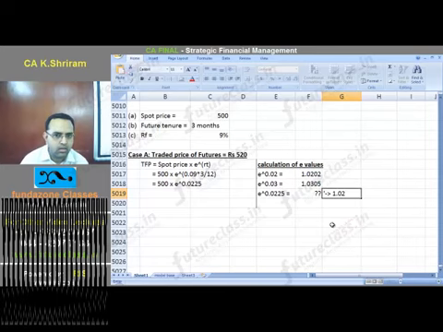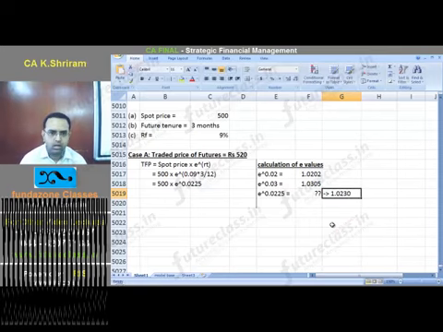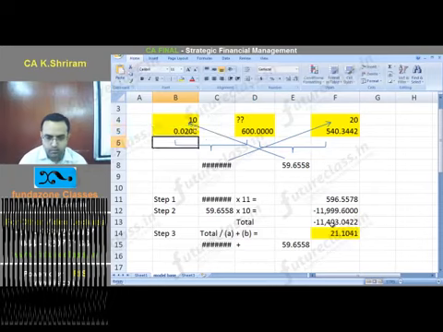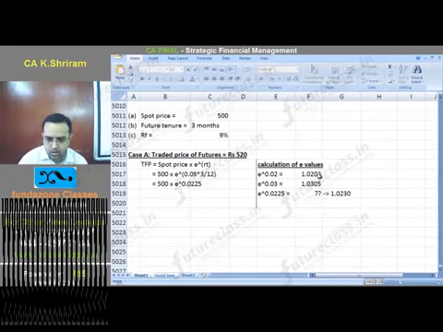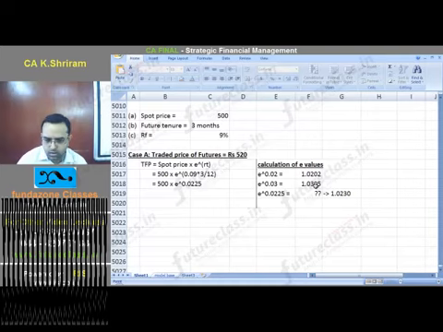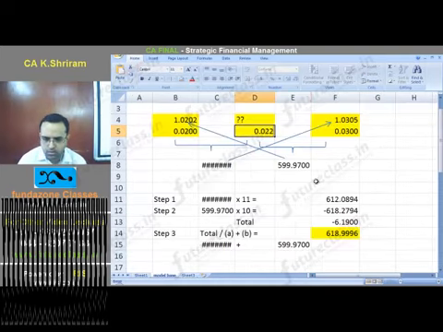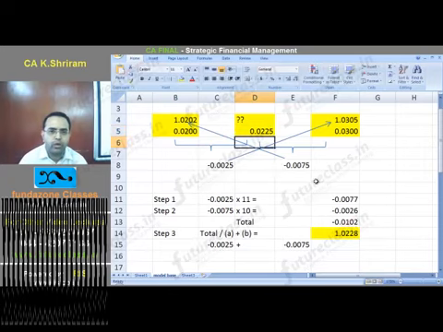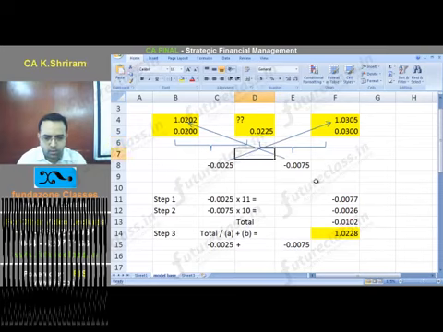Any other decimals? 0.0228, correct? We'll take it up to 4 decimals. 1.0228.